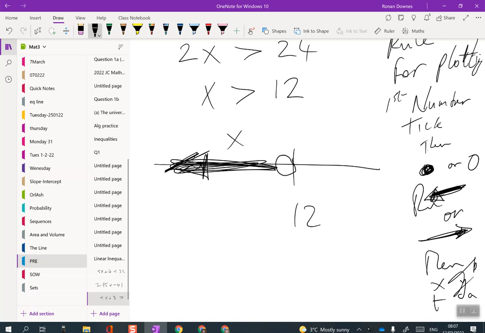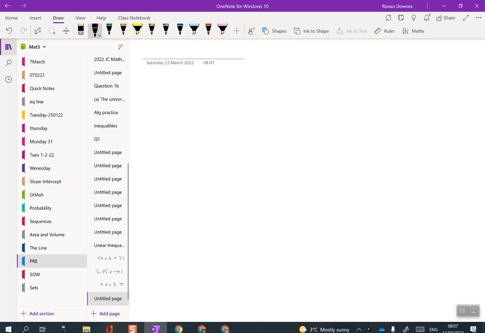Okay, I said I'd throw in an extra question. So this time we're going to go 2x minus 13 is strictly larger than 7x plus 12.